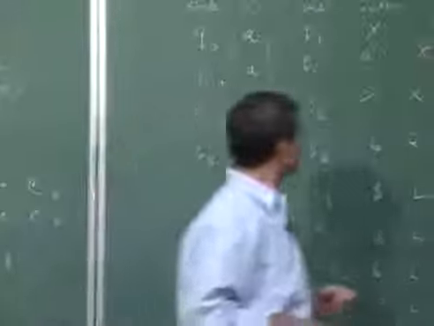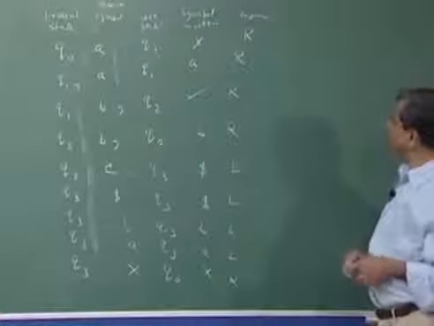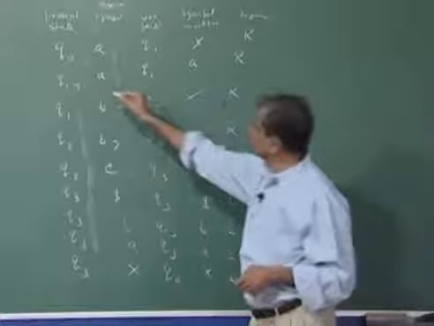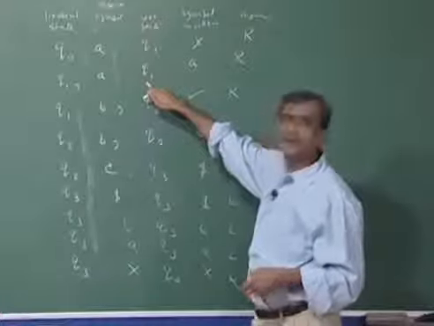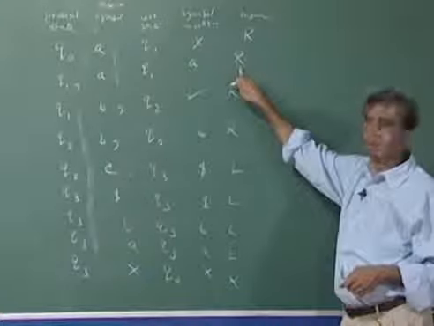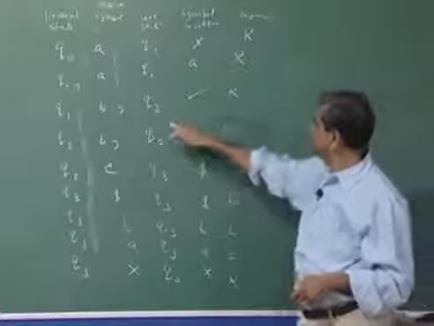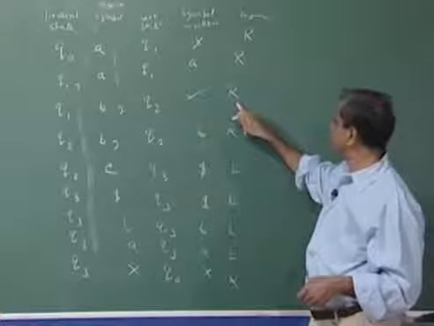All right. So, now you see one interesting thing about this example. Look at this state Q1. Whenever you are entering this Q1, you are moving to the right. Similarly, whenever you are entering the state Q2, you are moving to the right.